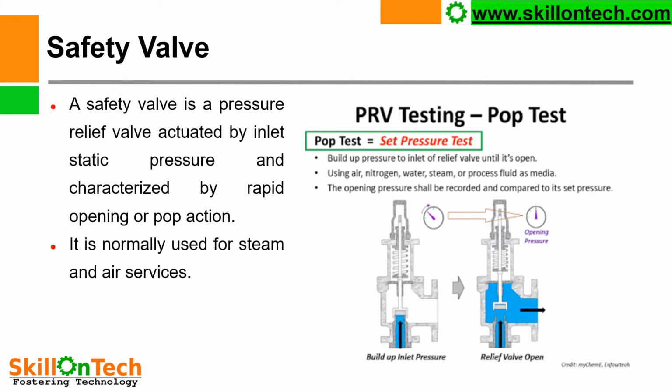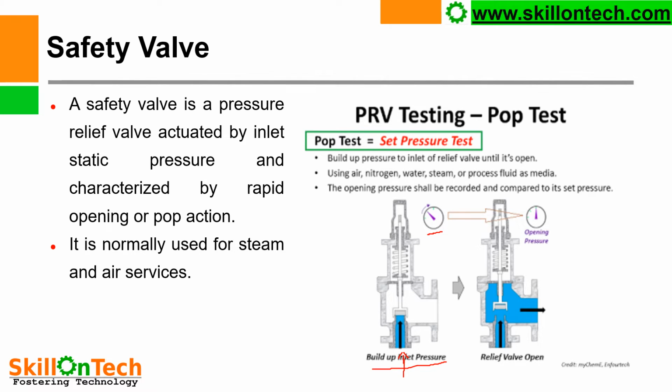Here in this picture you can see the inlet of the valve. From this side pressure will build up in the safety valve, and as you can see in this pressure gauge, there is a lower operating pressure.